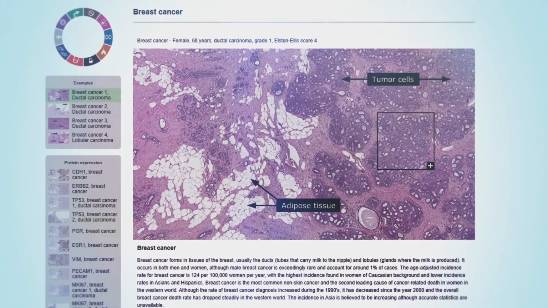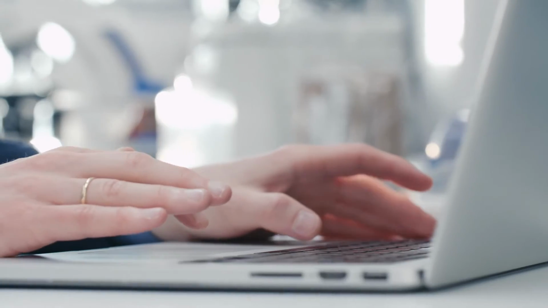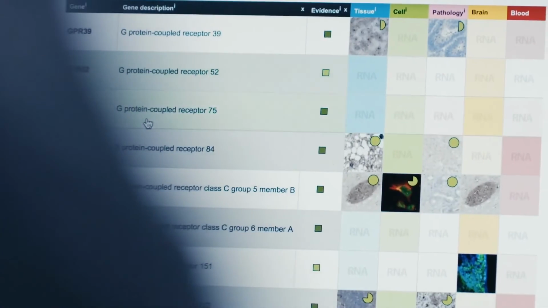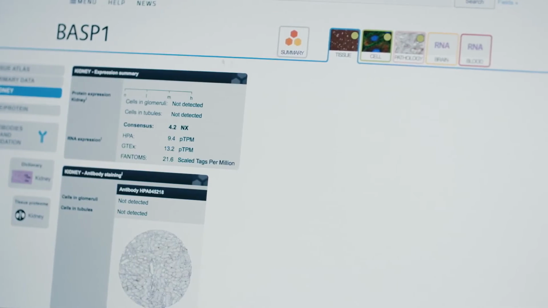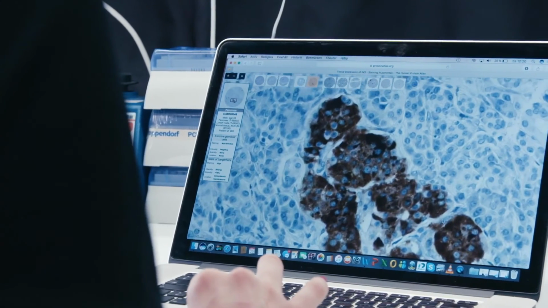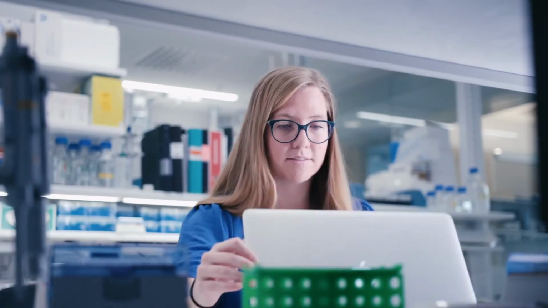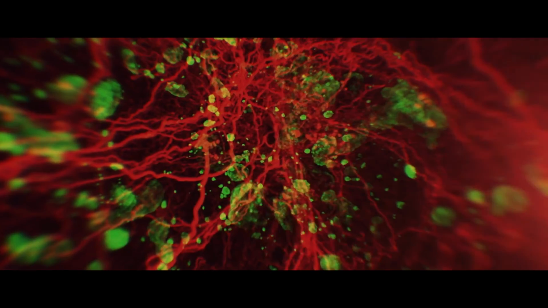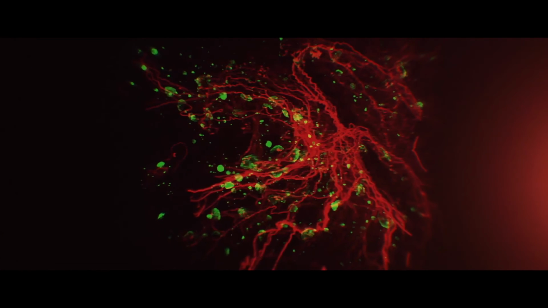All the information in the Protein Atlas is provided without restrictions to allow scientists to get a holistic map of the human body. We are delighted that scientists from hundreds of countries are using the information from the Human Protein Atlas to facilitate the development of new diagnostics and new therapies to benefit mankind. When we explore the world in new ways, we discover new things about us, about life itself.